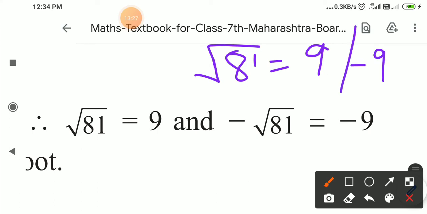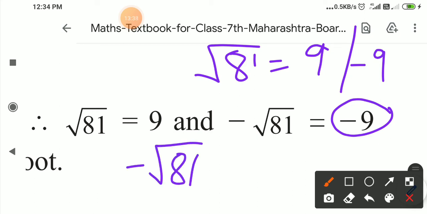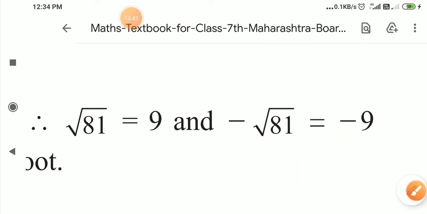But here minus 9 is written with the sign outside the bracket. So when this minus sign is outside the square root sign, then the answer is minus 9.